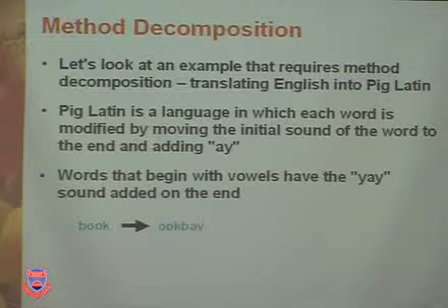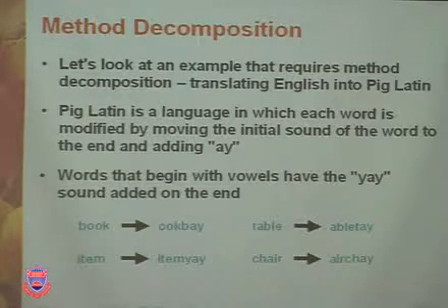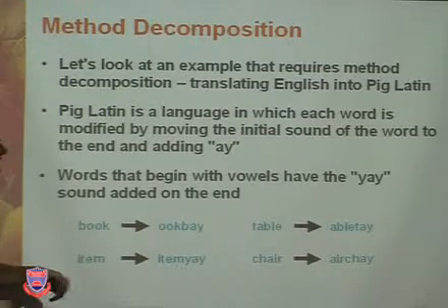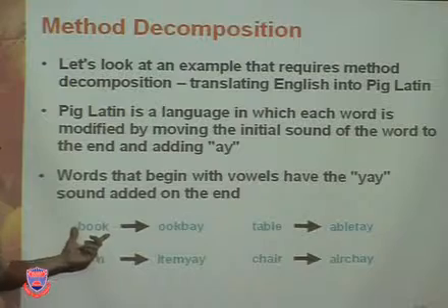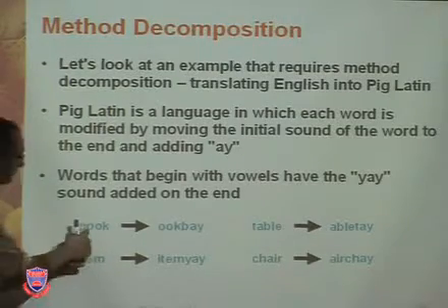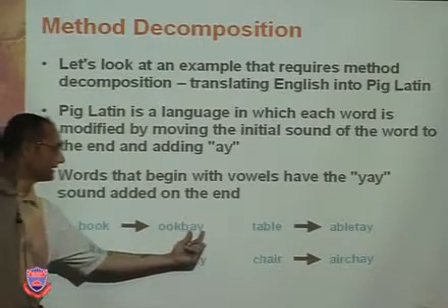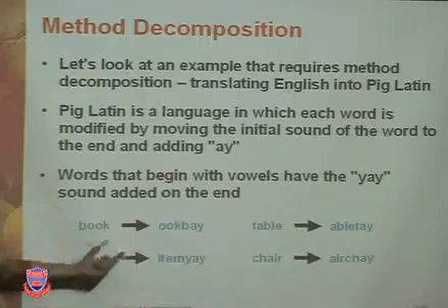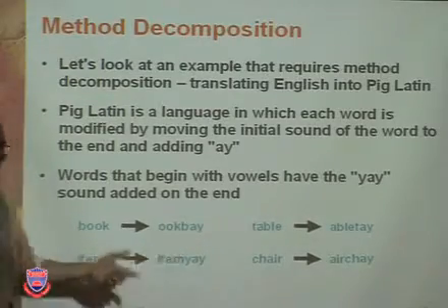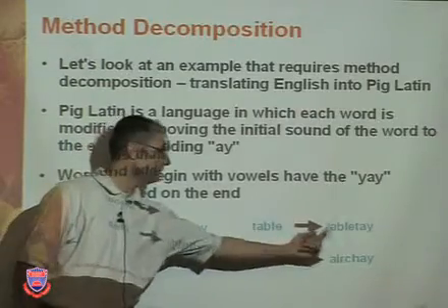So let's look at an example to make it more concrete. If you look into this Pig Latin language, it's kind of a weird language where, for English words such as book, you have the first letter taken as the last letter, and then add an AY character sequence, so that your book will be converted to ookbay. And then for table, again, able remains the same, and the t comes to the end: abletay.